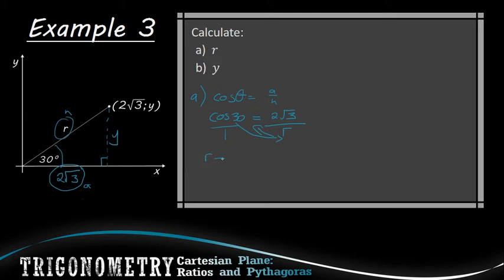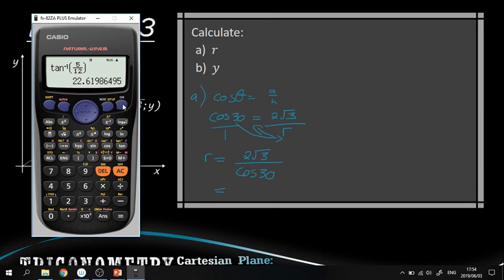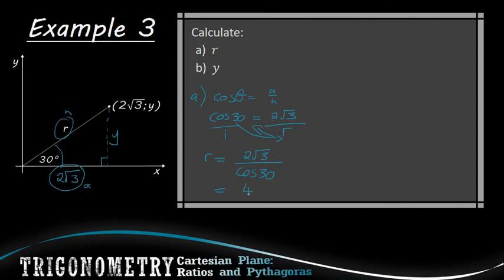So r is then equal to 2 square root of 3 over cos of 30. If I put that onto the calculator, I have a fraction, 2 square root of 3 over cos of 30. So this is then equal to 4. So r is equal to 4.